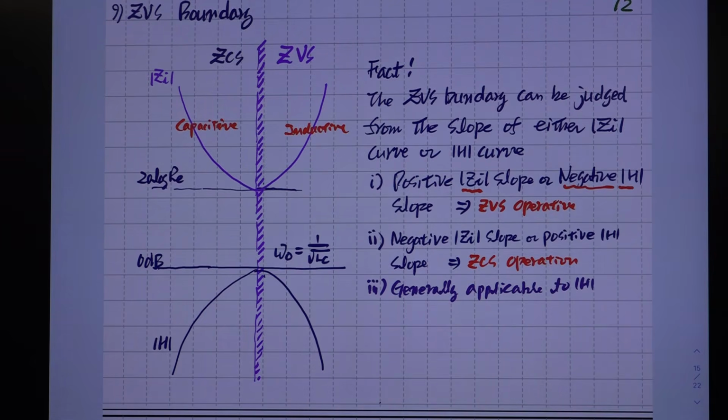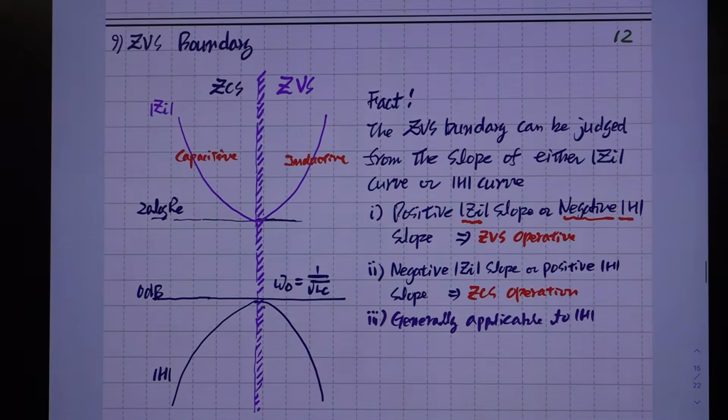Just take a look at this, okay? Just to watch the slope of this DC conversion curve of any series resonant tank, not this simple one, any, without looking at the GI.